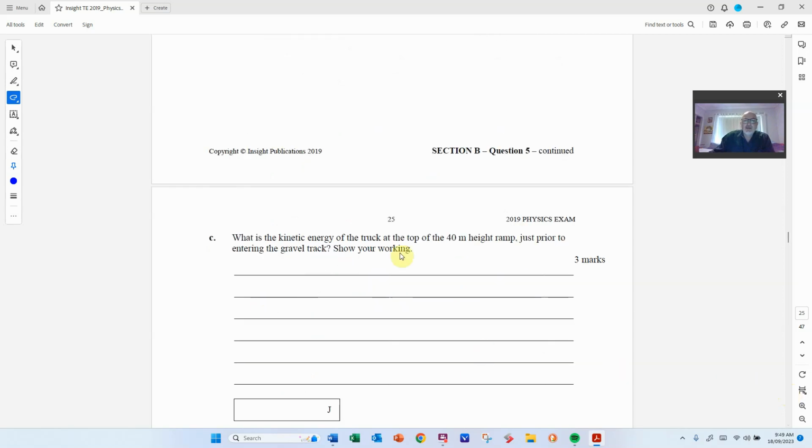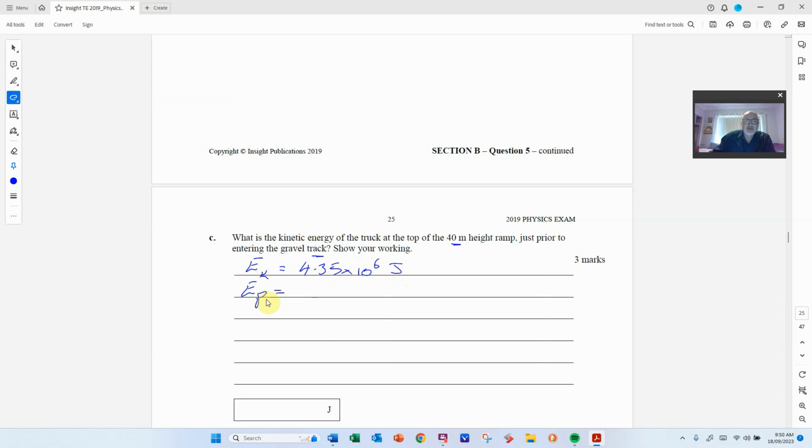What is the kinetic energy of the truck at the top of the 40-metre height ramp just prior to entering the gravel track? Okay, so we had the EK before at ground level at 4.35 by 10 to the 6 joules, but it's now going to rise up a height.